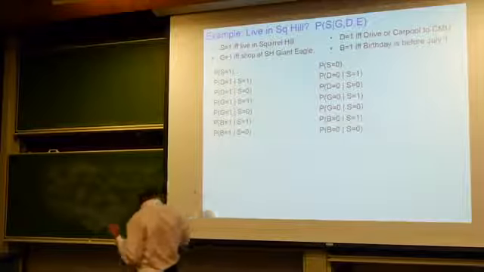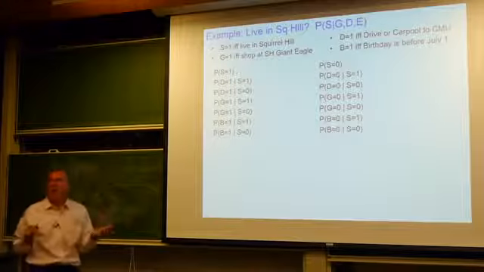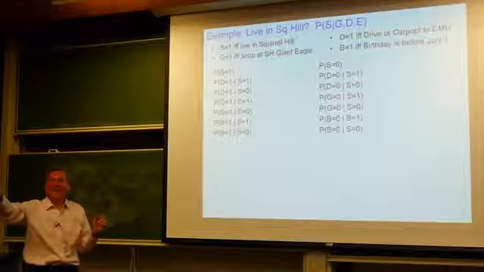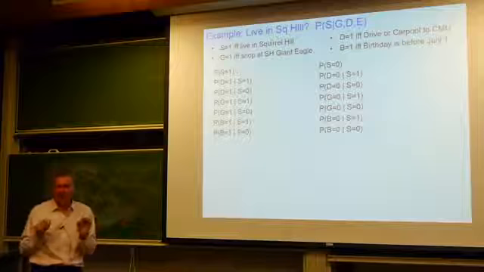So let's start with, first we need to know how many people there are. Everybody count your quadrant. How many people are there?